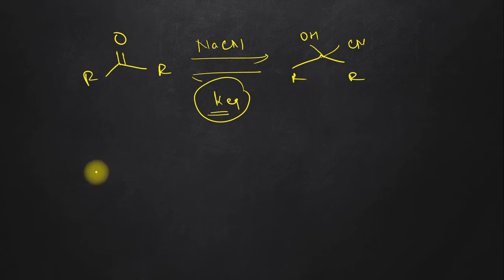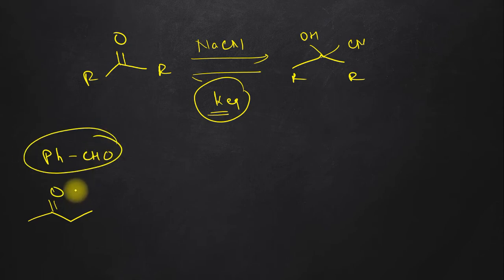Suppose the starting material is benzaldehyde, and then we also take the example of a ketone. So as starting materials, an aldehyde is there and a ketone is there. For the aldehyde, the equilibrium constant of the reaction will be 212, and similarly the equilibrium constant for the ketone would be 28.